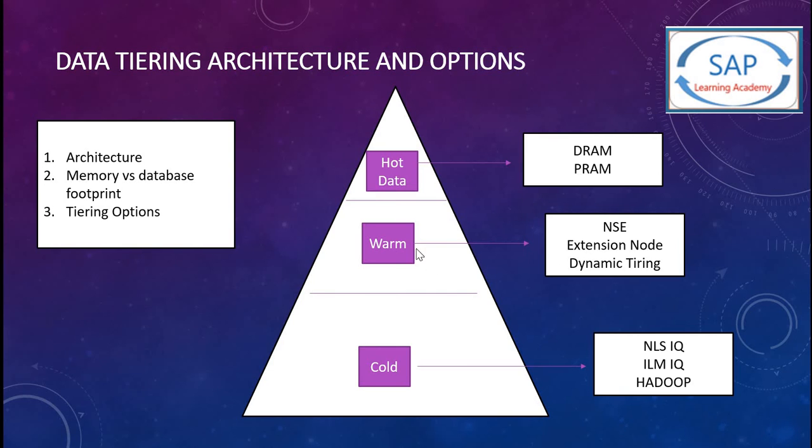Next we have the warm data. In warm data tiering we have three options now. Earlier SAP started with dynamic tiering. Next SAP came up with extension node.